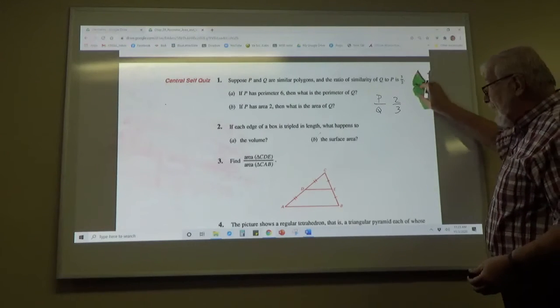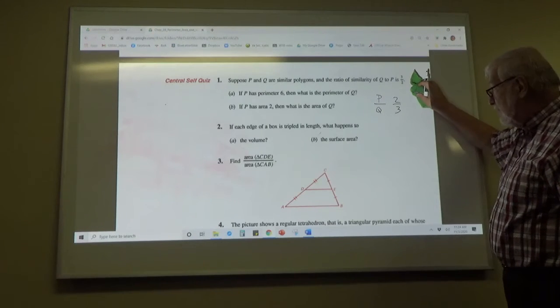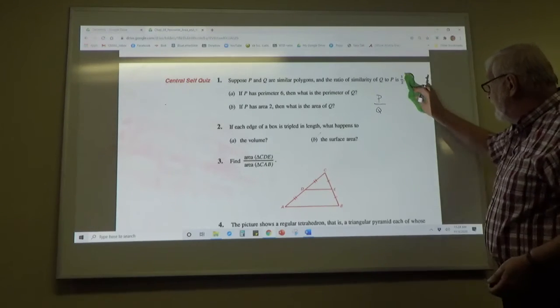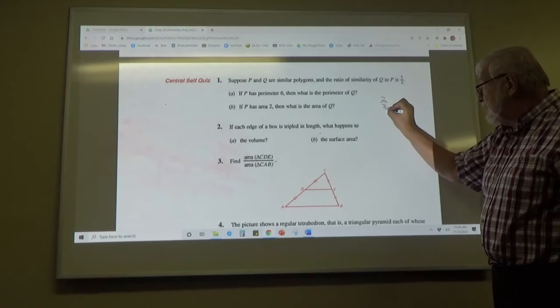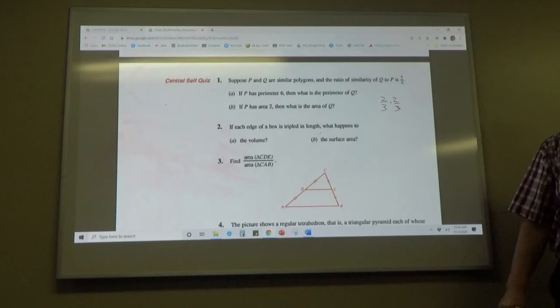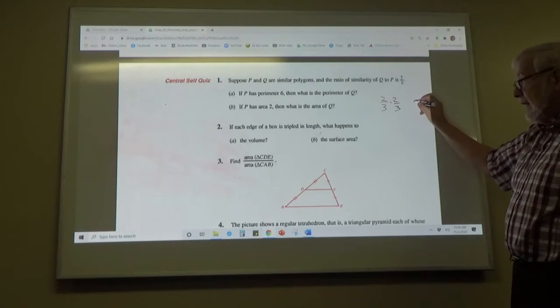Now, if P has an area of 2, right? That means that I have 2/3 for one times 2/3 for the other. So the area will be, I'm sorry, 4/9. The area will be 4/9.